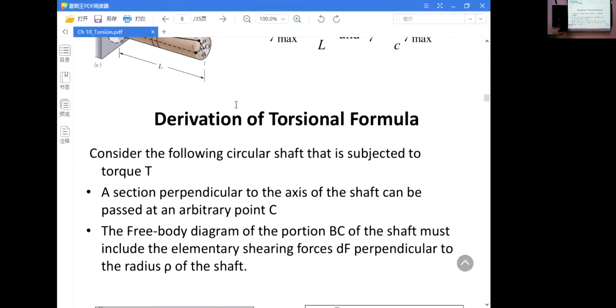After deformation, the line turns to here. Understand? So it's phi. That's all. So you misunderstood.